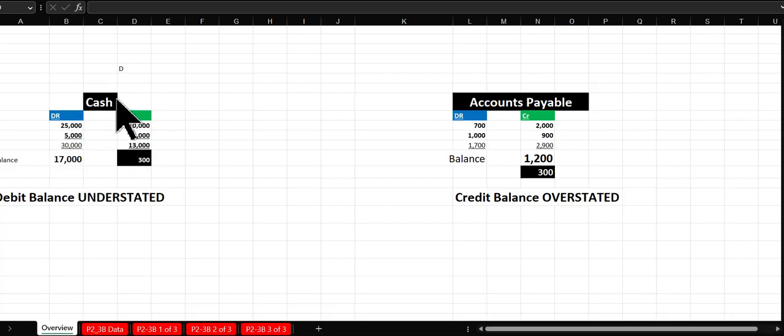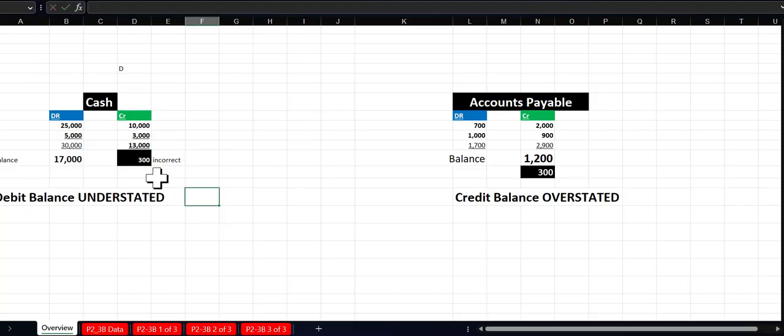So here is the cash account, which is an asset. And let's say I recorded $300 as a credit, an entry on the right side. And let's assume that that was incorrect, right? So this entry is incorrect.